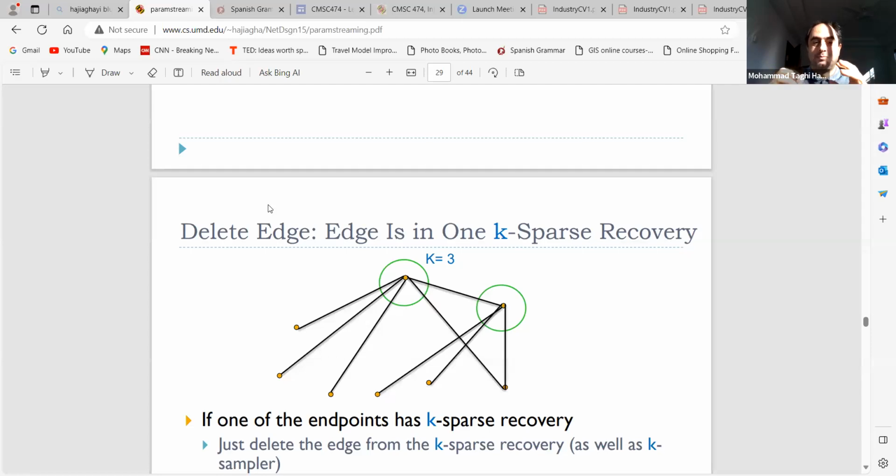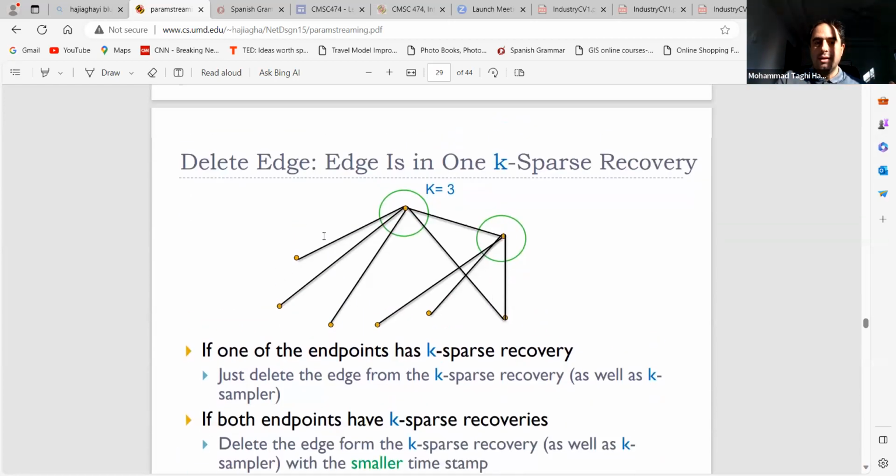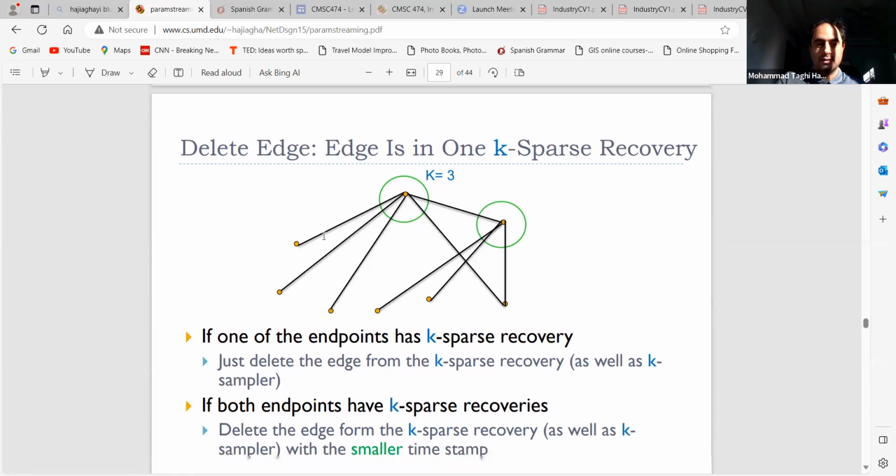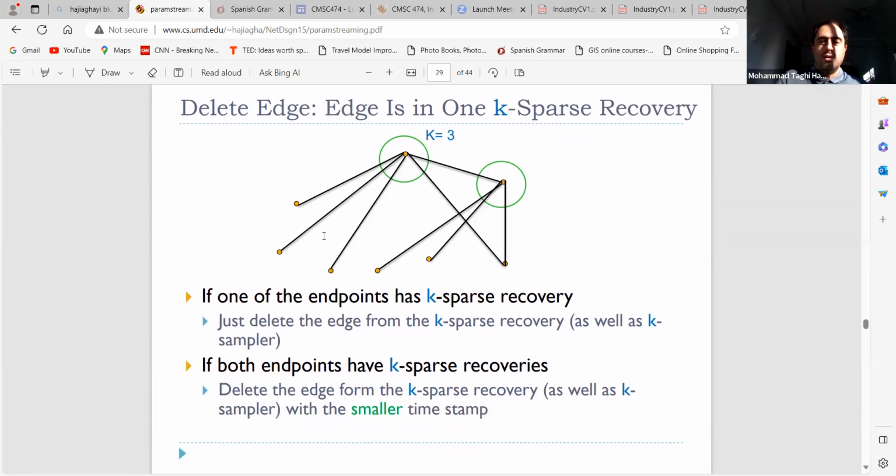All others would be stored in the several k-sparse recoveries that we have. If this edge is not in L, it means that it should be in one of these k-sparse recoveries, and we have the promise that you only delete an edge which was already inserted.